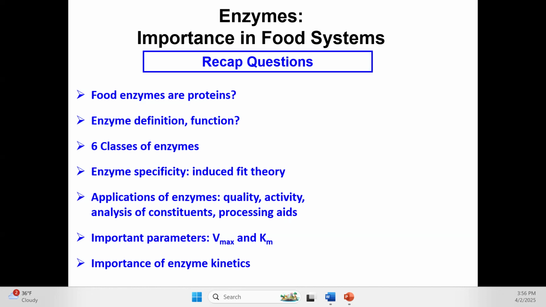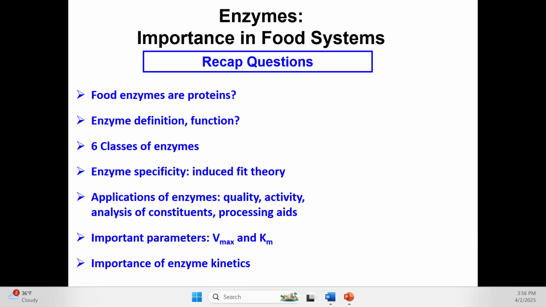Do you remember any of the classes of enzymes? Just mention one or two, the most common that you know of. Good job, but what class does it belong under? Proteases belong under a class. So lactase, protease, lipase, hydrolase.